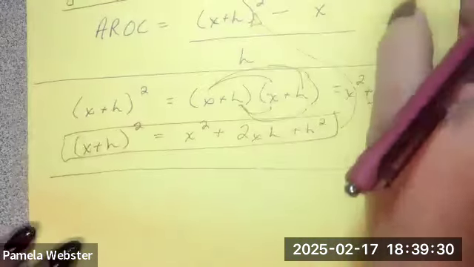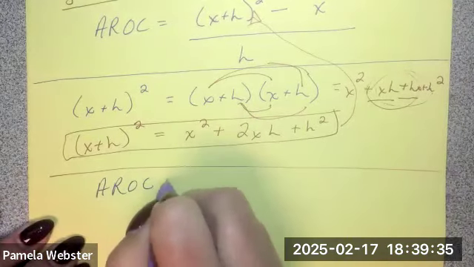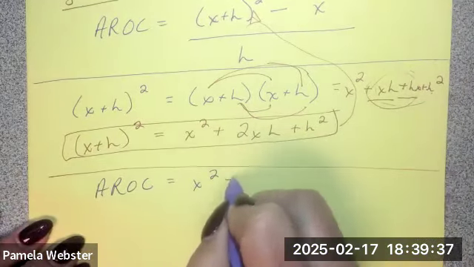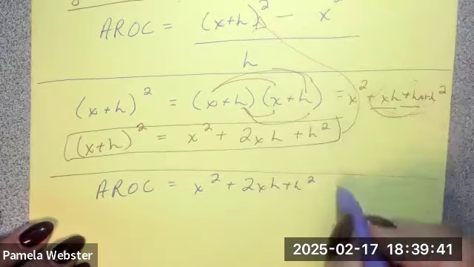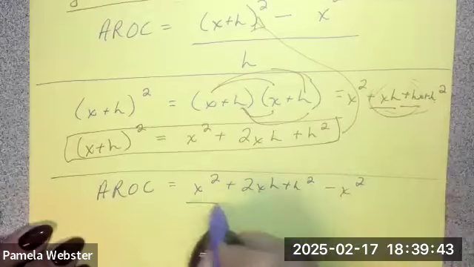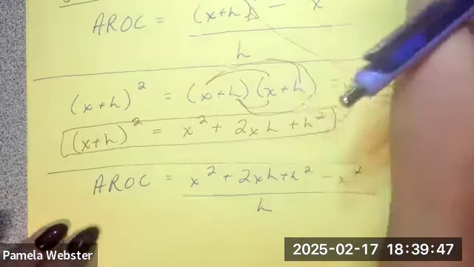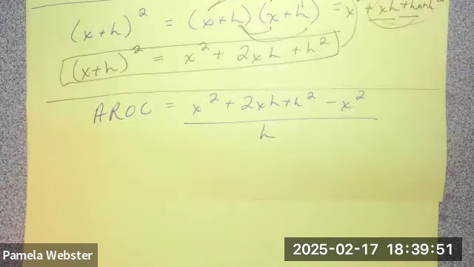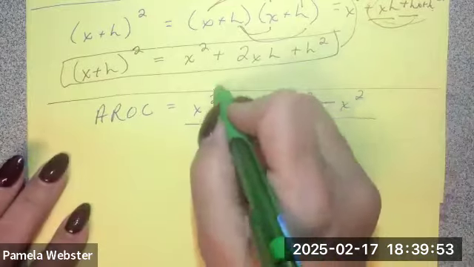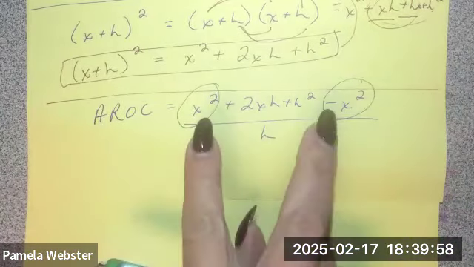So what we have here, if you remember, average rate of change is we have x squared plus 2xh plus h squared minus x squared, because that's in the formula, all over h. Okay. And what happens, and we see this over and over again, so we start getting used to this pattern, is that anything that doesn't have an h in it will go away.